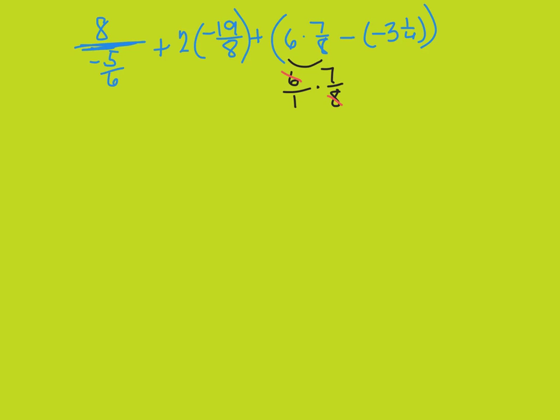Well, they're both even, so that means they're both divisible by 2. 6 divided by 2 is 3, and 8 divided by 2 is 4. Then I keep the top with the top and the bottom with the bottom. And 3 times 7, of course, is 21. And 1 times 4 is 4. I can bring this right down here.